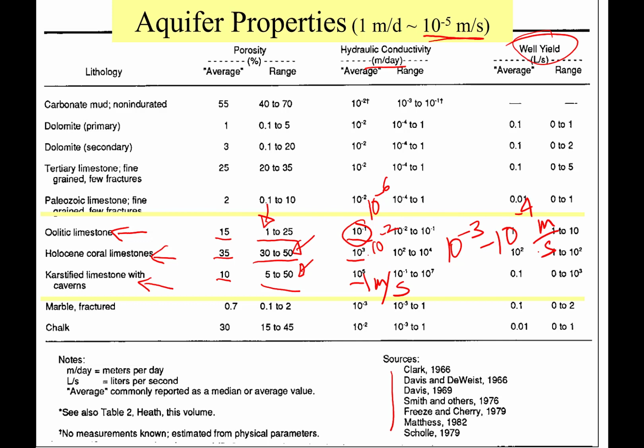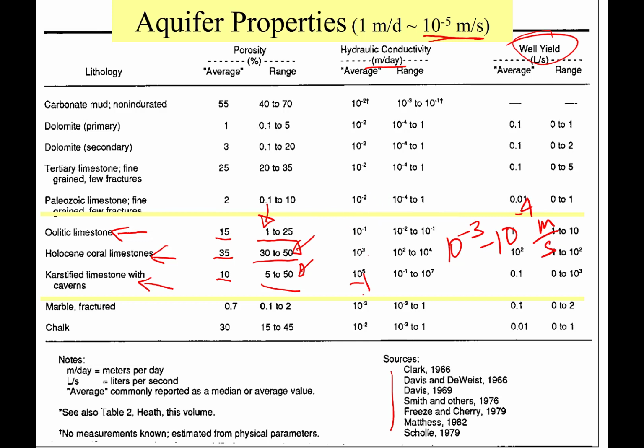And so you can see the oolitic limestones is lower than that, although the Holocene coral limestones are a bit higher, and the karstified limestones are quite a bit higher, 1,000 times higher or more. And so those are the average values.